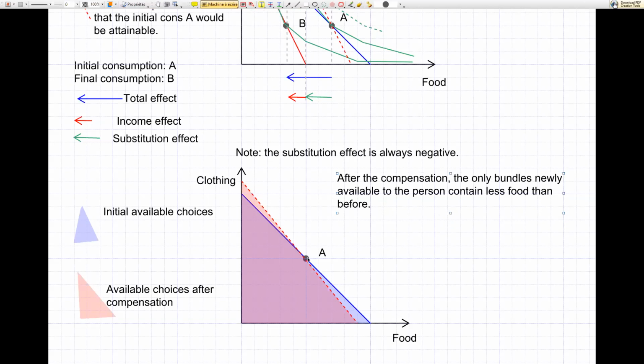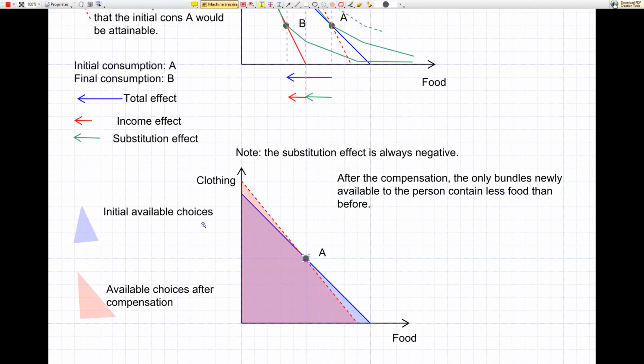So the person was consuming at A. Then there's a change in relative prices. Is it possible that I want to consume more food? Well, no, because all of these consumption bundles that are available, which contain more food than at A, were also available before. They were part of the initial choice set.